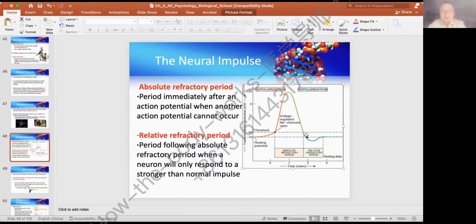That's the basic mechanism of depolarization and repolarization. We can use this basic mechanism to illustrate nerve cell excitement and refractory periods, etc.